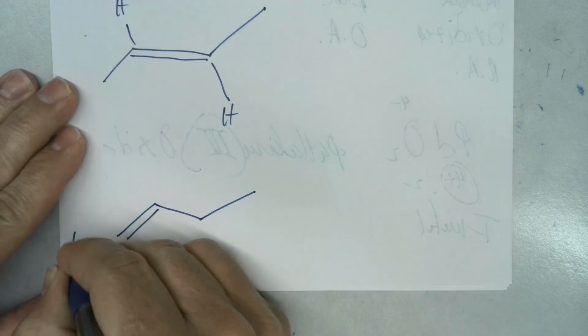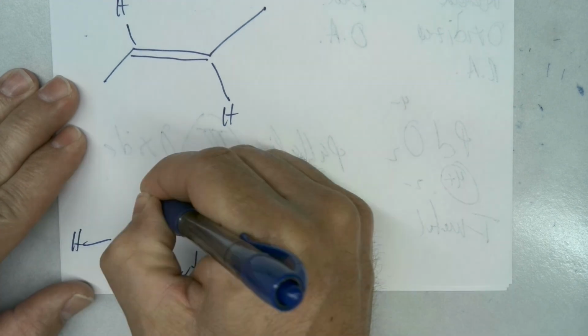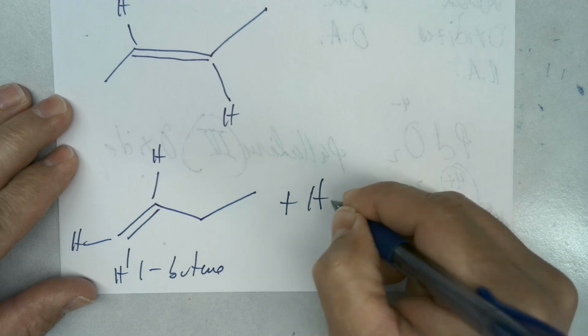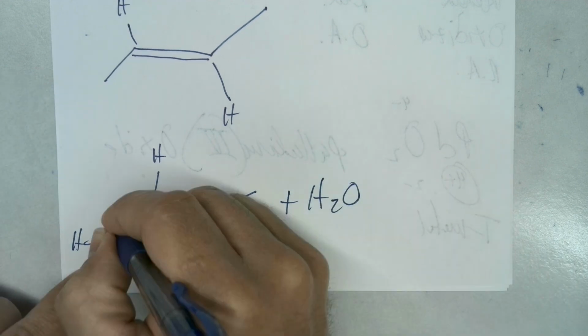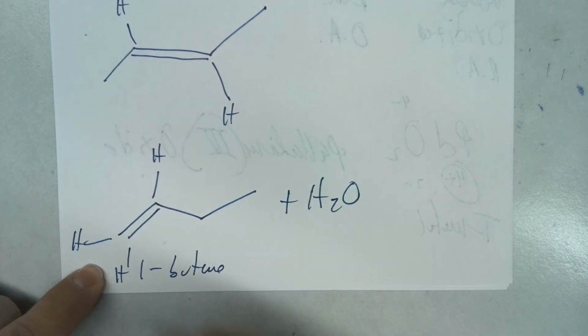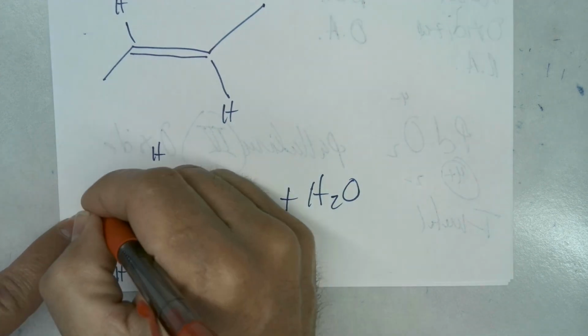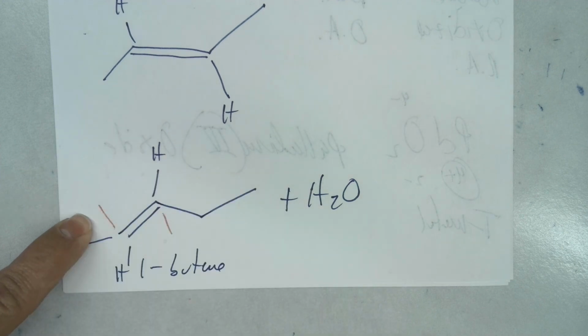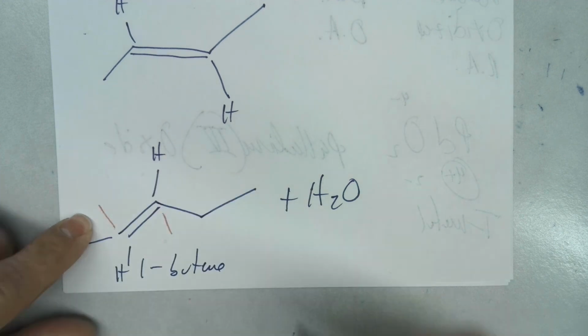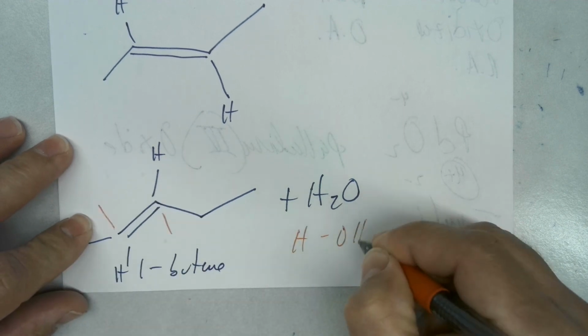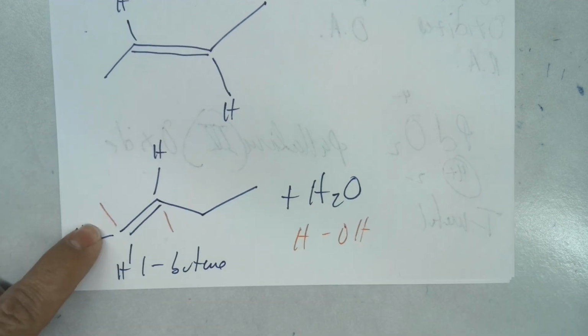Exactly, because this one has 2 H's, that one only has 1 H. So when I add H2O to that, this one right here is going to get the what? The extra. Well, the OH or the H? Because remember, it's H and OH. What's going to go here?